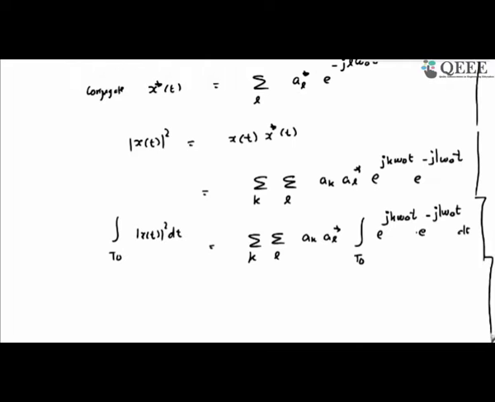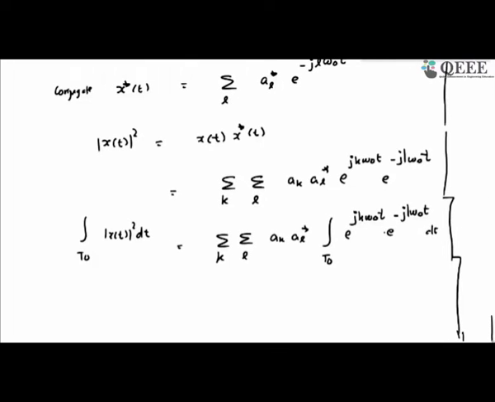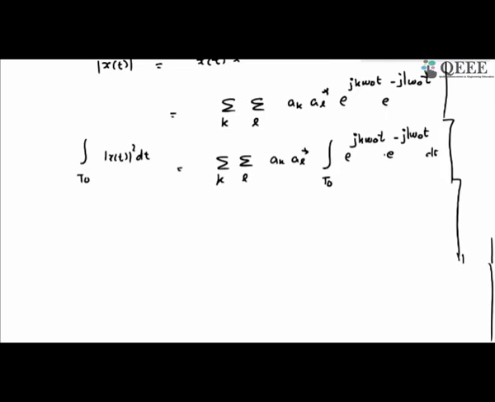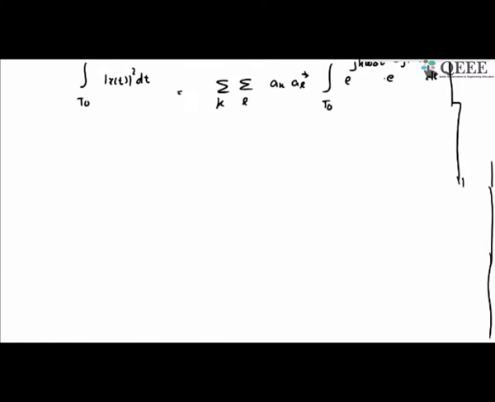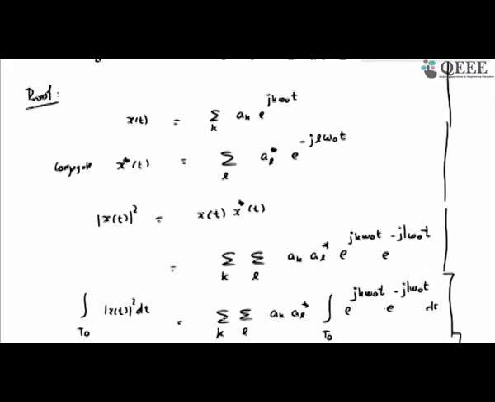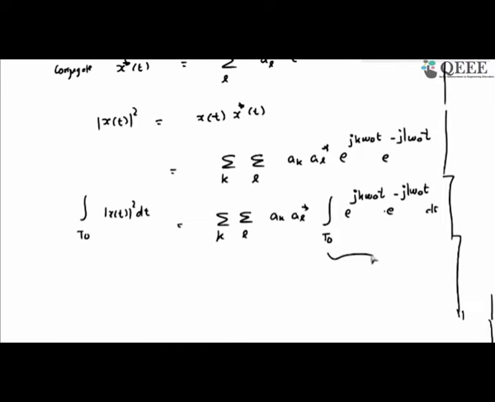So the important thing to realize is what we saw from the last session. This integral will be 0 if k is not equal to L. If they are the same, then the integral value is T naught.